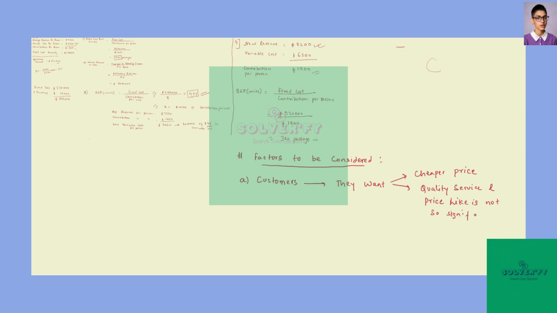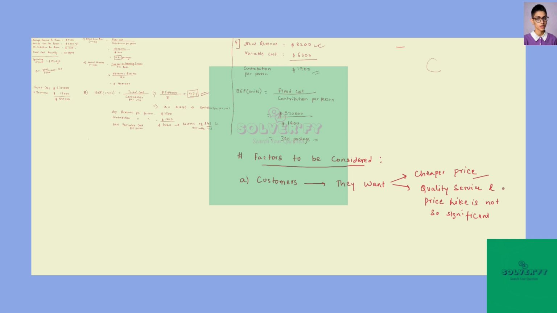Now, if we consider this parameter, if our customers are of those standards who want cheaper price of services, then for them, if we are going to increase the price, it's for sure that we are going to lose such customers. So before increasing price, if our customers are of the cheaper price bracket, we need to cut down our costs and see whether some services can be excluded so that the price becomes cheaper.